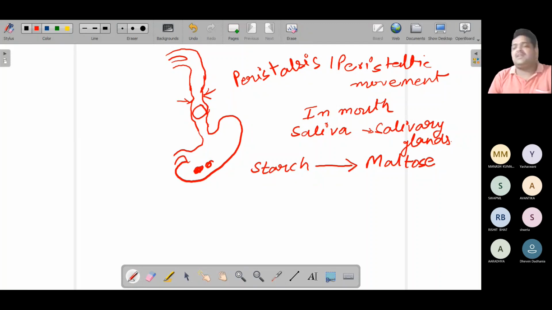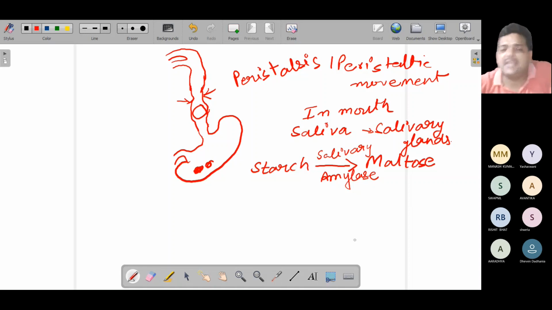It is digested, or broken down into smaller molecules of maltose, in the presence of an enzyme called salivary amylase. Everyone will write: salivary amylase.